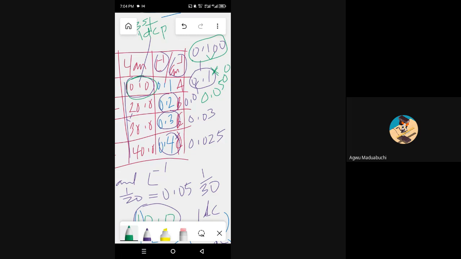No, we are not using decimal points now. You are using SF. 20.0 is how many SF? 3. So 0.0500 is how many SF? 3. Is that taken? Yes, sir.